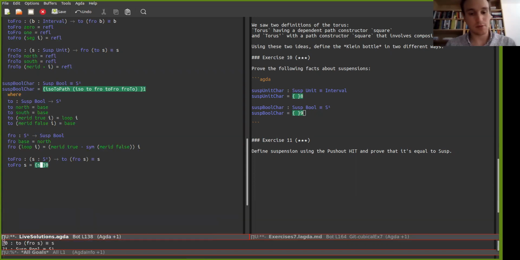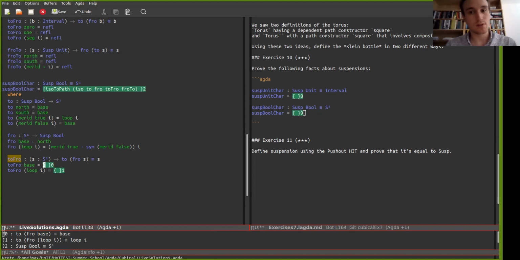Okay. Again, we pattern match. You could of course decide differently on true and false here, and the north and south and so on. Then things will become a bit switched.